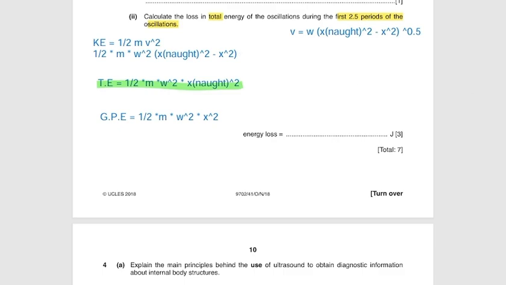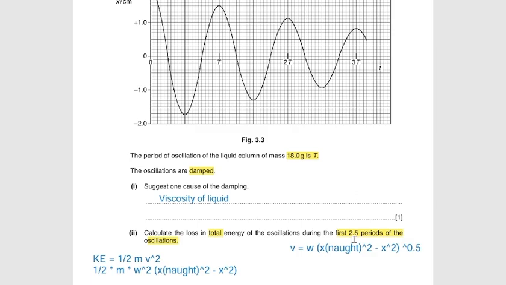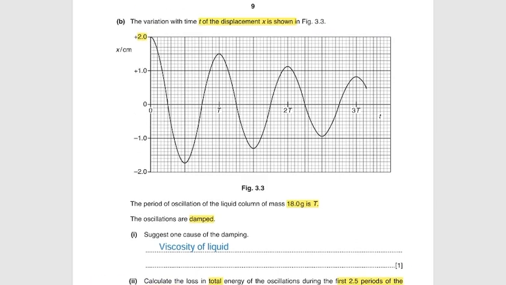So what we will be doing is going back, and let's say for the first 2.5 periods, let's find 2.5. 2.5 periods is right here. Initially I can see that x was 2. This is x naught because x naught is amplitude, right? So initially it was 2 centimeter, and then at 2.5 it decreased to 0.95 centimeter.